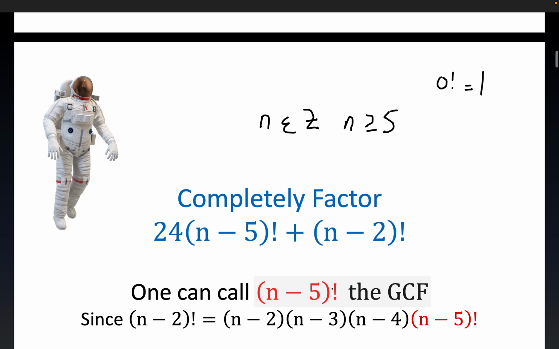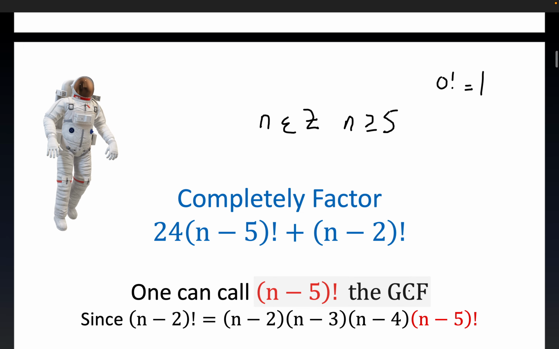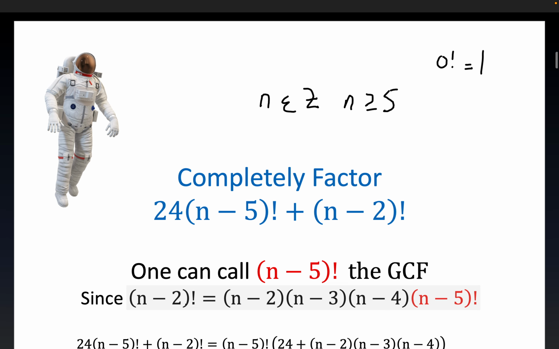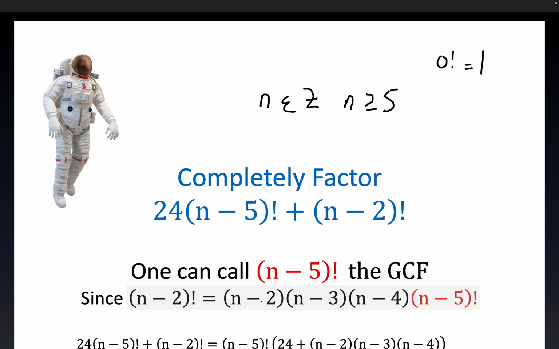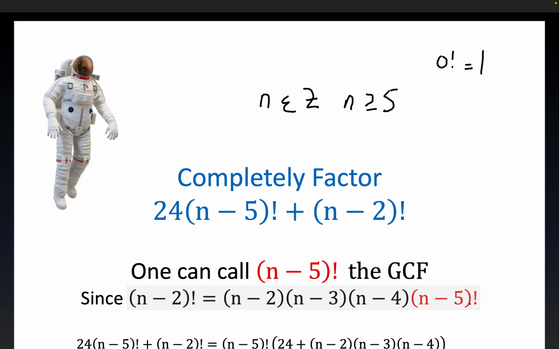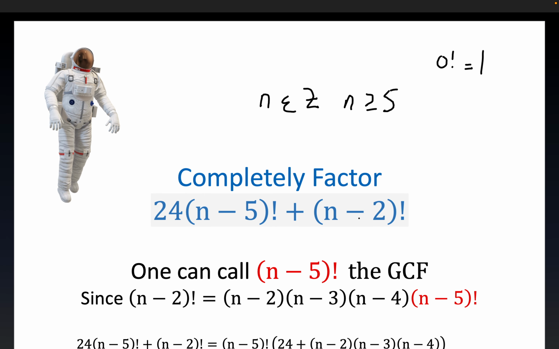Now, to me, this is the so-called deepest part right here. We can consider n minus 5 factorial the greatest common factor simply because of the definition of the factorial function. N minus 2 factorial can be rewritten like this, okay? And so that means that n minus 5 factorial is common to the first term and it's common to the second term.